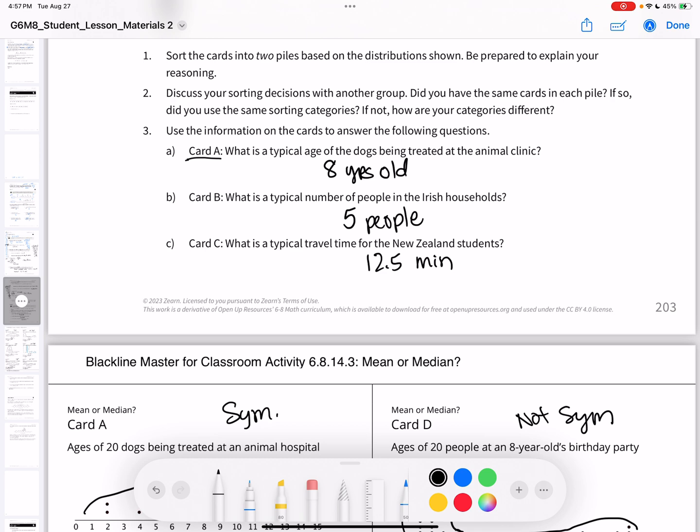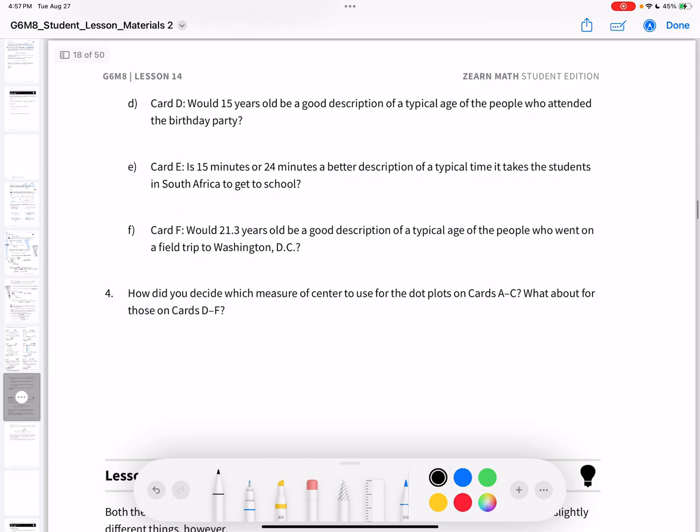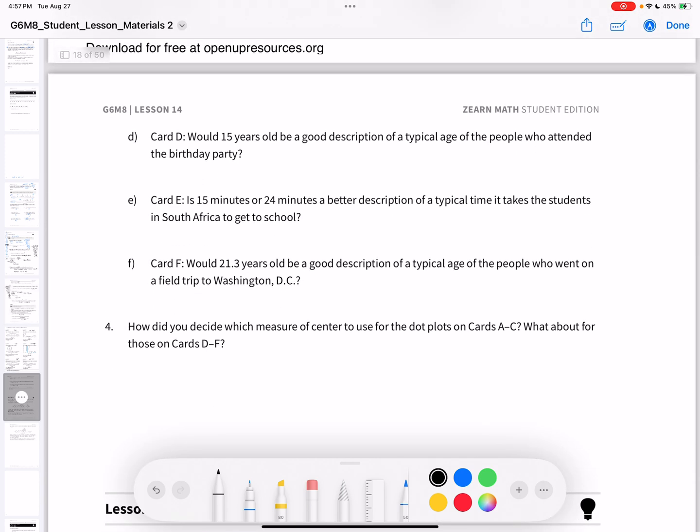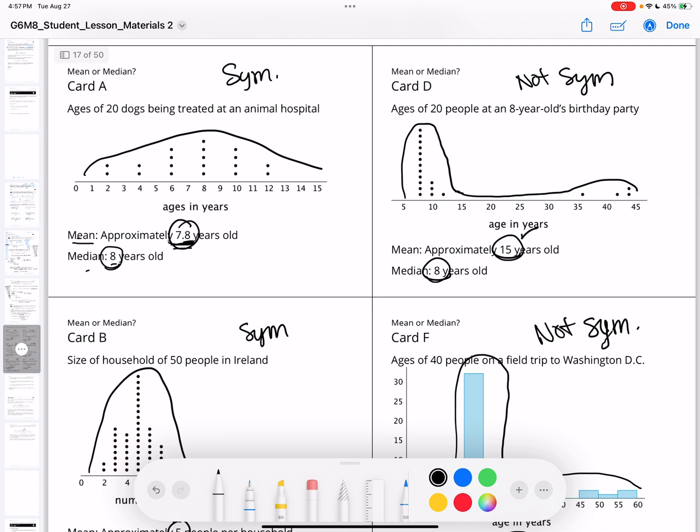Okay, let's see how this changes when we go down here. Card D. Would 15 years old be a good description of a typical age of people who attended the birthday party? Well, let's look at card D. The mean is 15, but looking at this graph, the majority of the kids attending that birthday party are 8 years old.